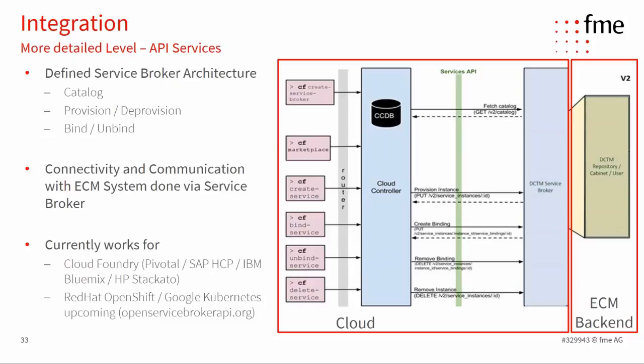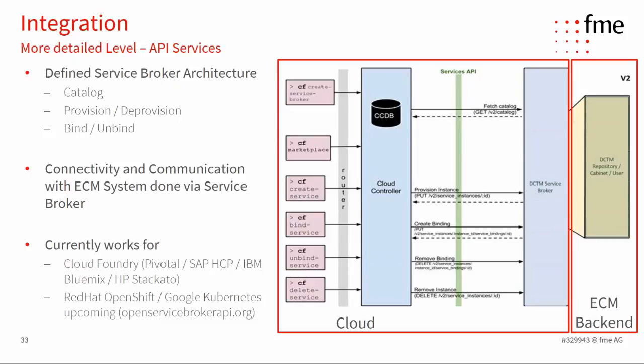They are currently implementing this service broker architecture, which originated from Cloud Foundry. And all three, Cloud Foundry, Red Hat OpenShift, and Google Kubernetes, have started an open source initiative.